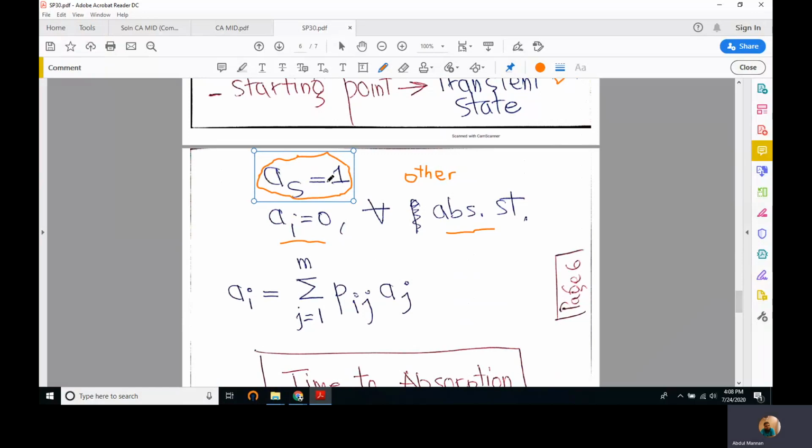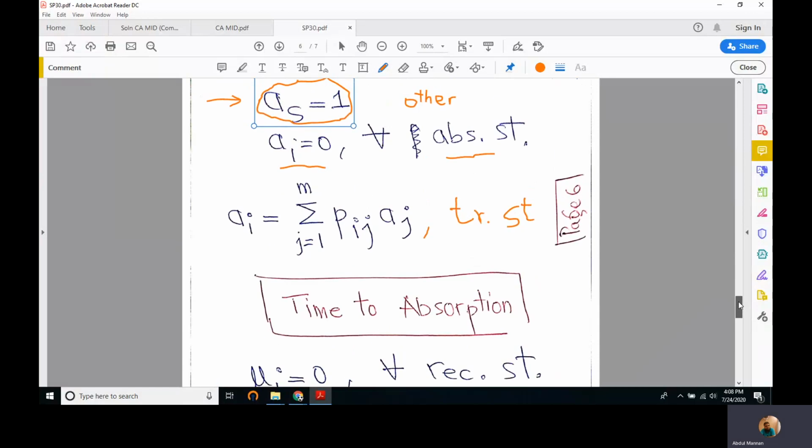So AS is equal to 1 for the targeted absorbing state, and AI is equal to 0 for all other absorbing states. And the recursion based formula is used for all other states, which have to be transient states.